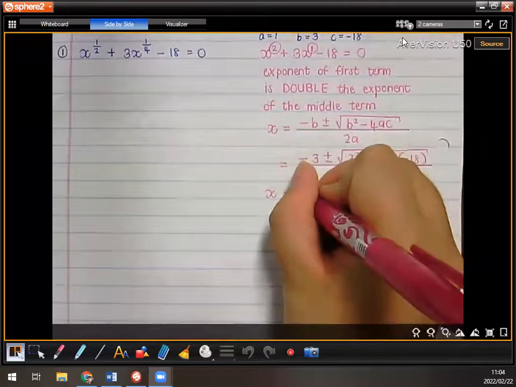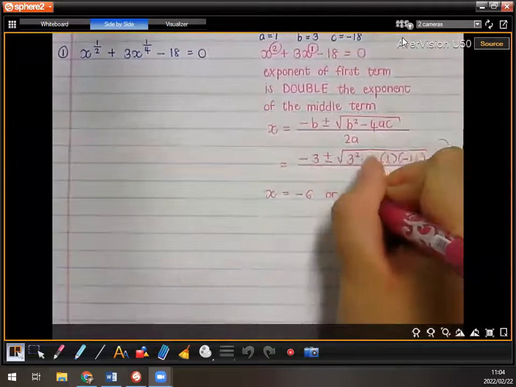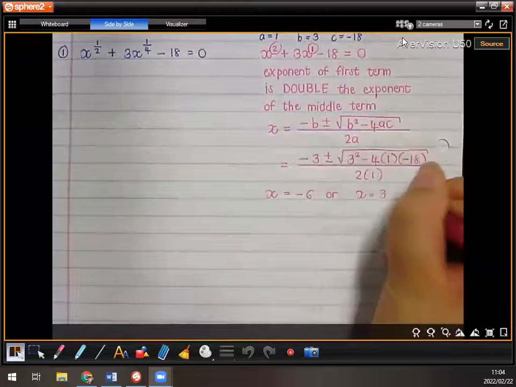Negative 6. 3. That will be the other one.